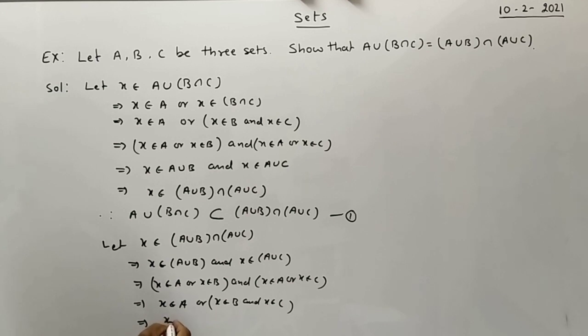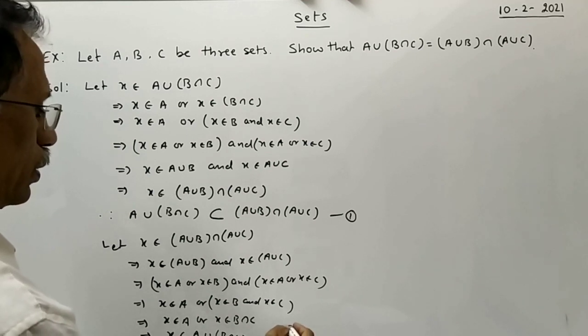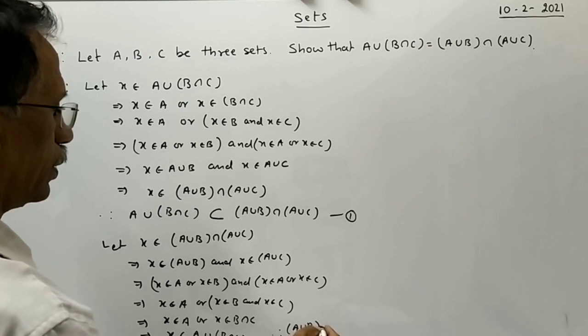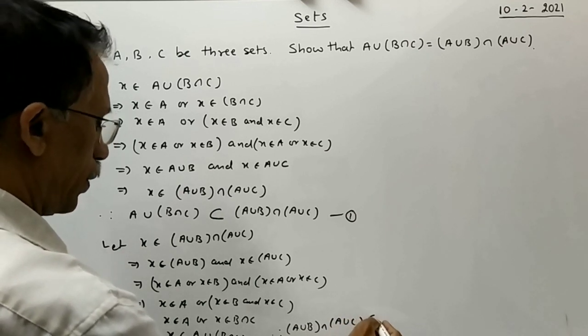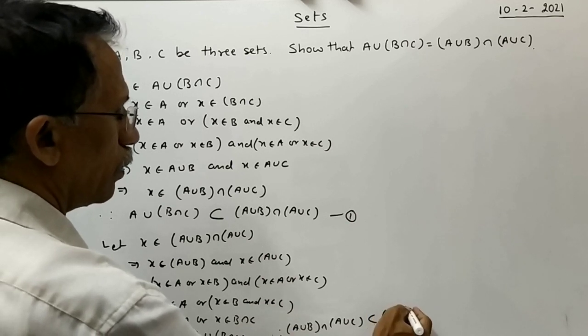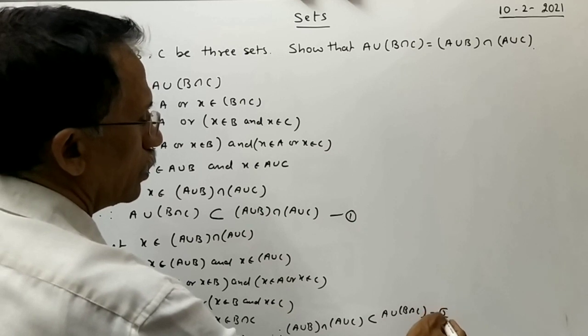This implies x belongs to A or x belongs to B intersection C. This implies x belongs to A union of B intersection C. Therefore, A union B intersection A union C is a subset of A union of B intersection C. Say number 2.